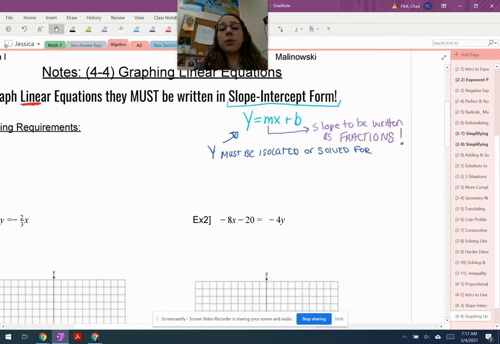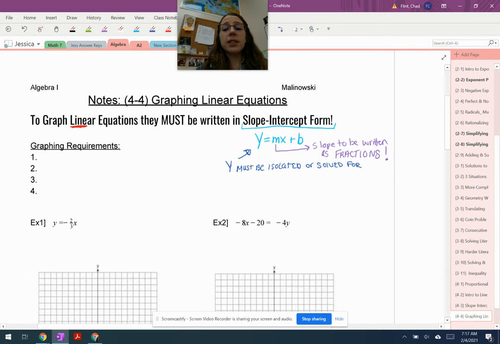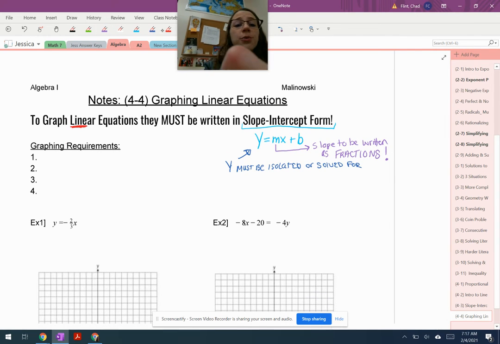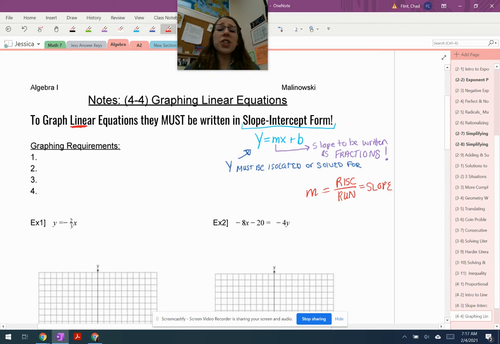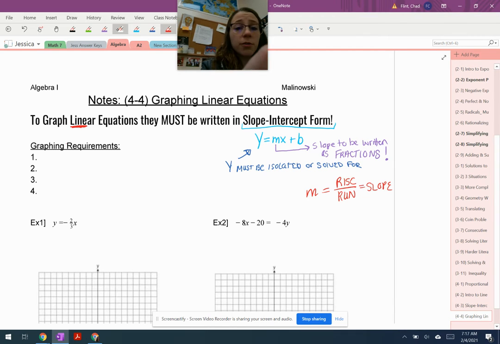You want your slope to be written as fractions because it's going to be easier to see what is the rise over the run for that slope, which again is that m value, which again is just talking about the steepness of a line. So y must be solved for, make sure y is isolated.